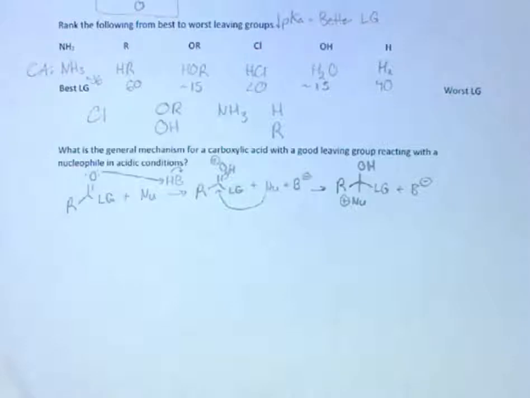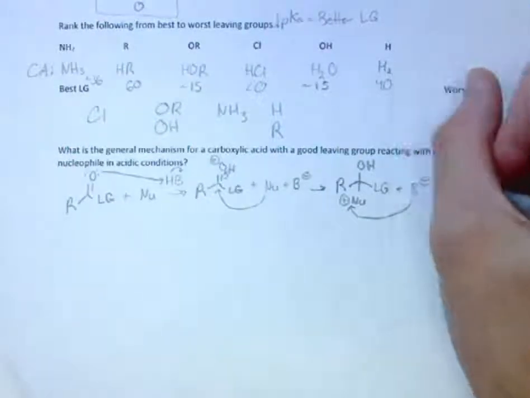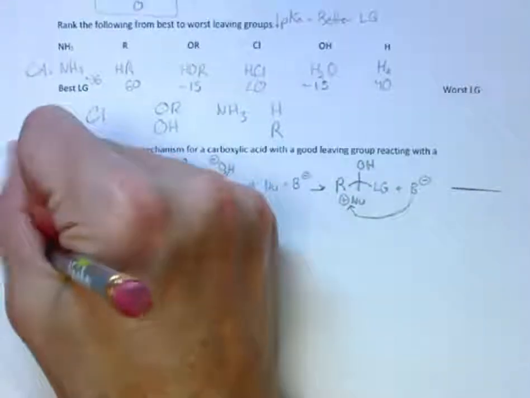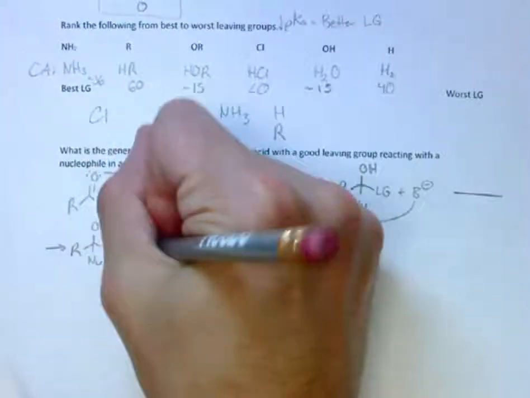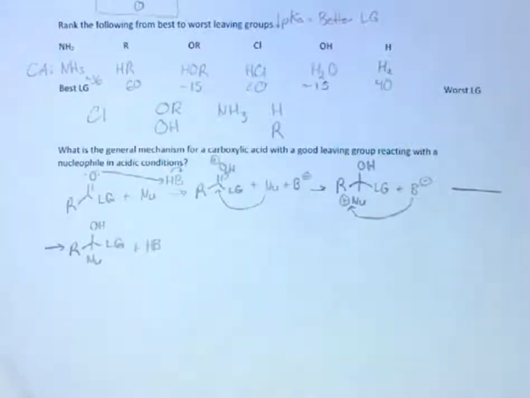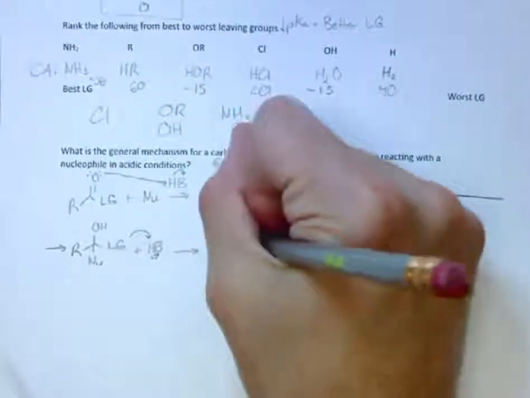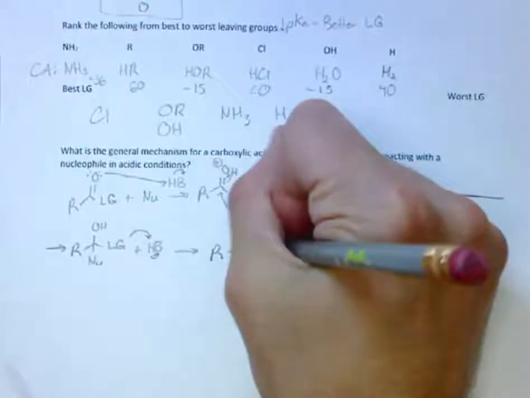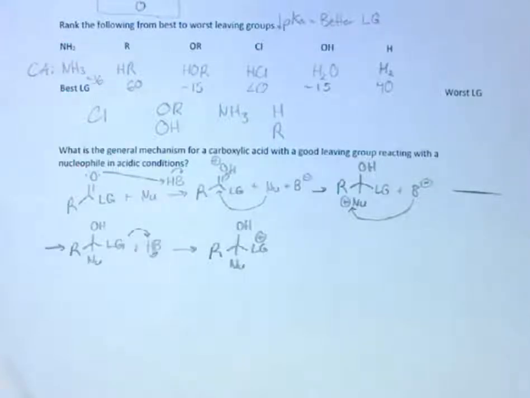And since we just put the nucleophile on, we would want to deprotonate that. Now we want to kick off the leaving group, so we will reform our double bond.